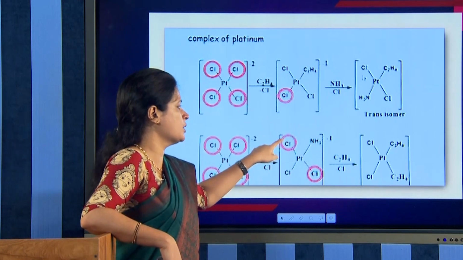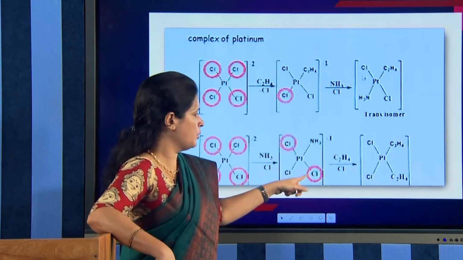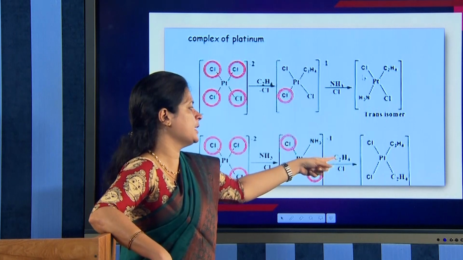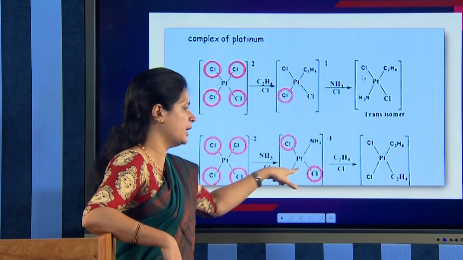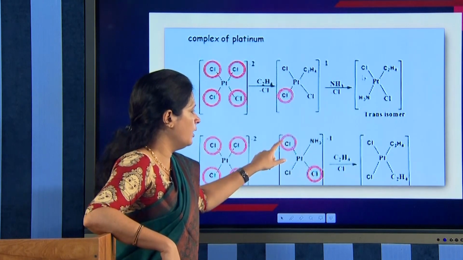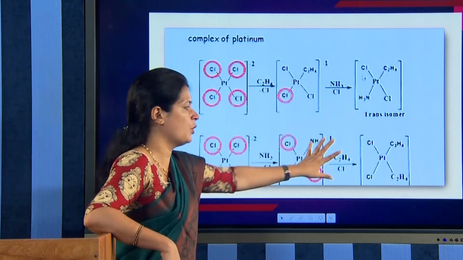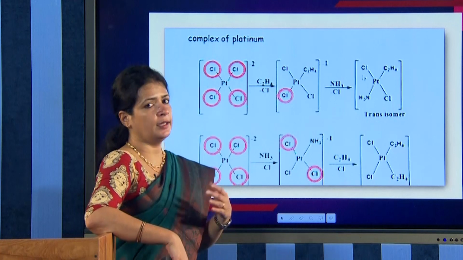If it is attached to this position also, I will get the cis isomer. Either way, if the incoming C2H4 is attached here, I will get the cis Cl2, because this Cl and this Cl will be in the cis position. The product is the same. So, the cis isomer is formed if I am adding C2H4 in the second step.